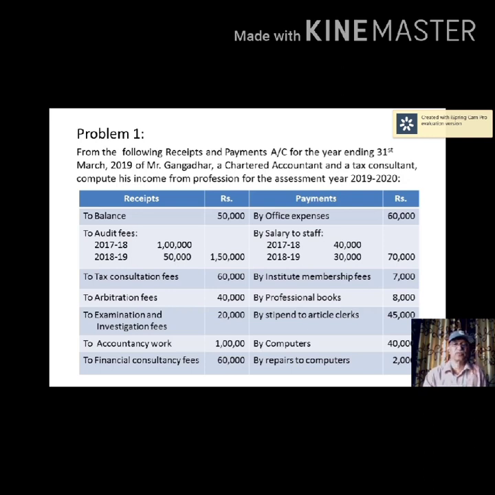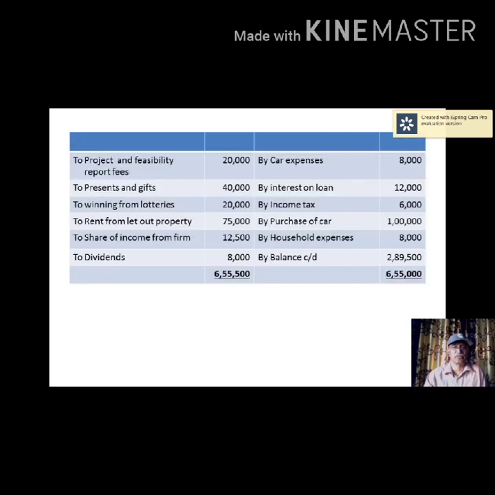Similarly, tax consultation fees, that's an item of professional receipt. Arbitration fees, that's also an item of professional receipts. Examination and investigation fees, that's also an item of professional income. The next, accountancy work. Similarly, financial consultancy work, these are items of professional income.